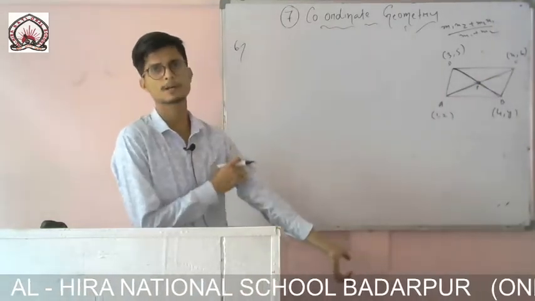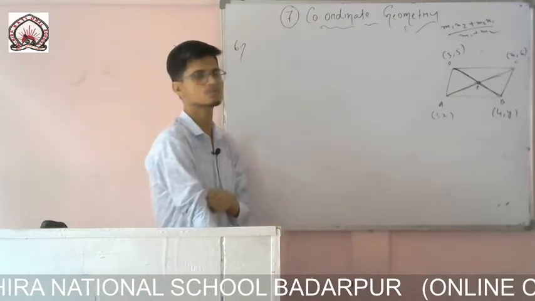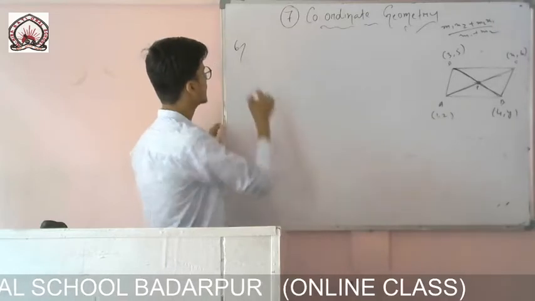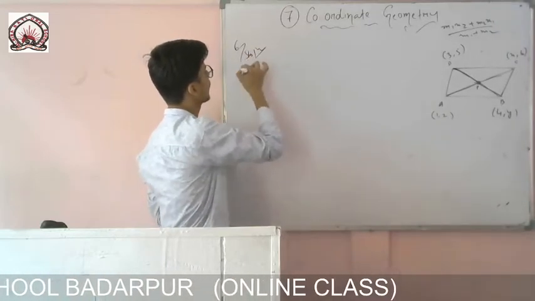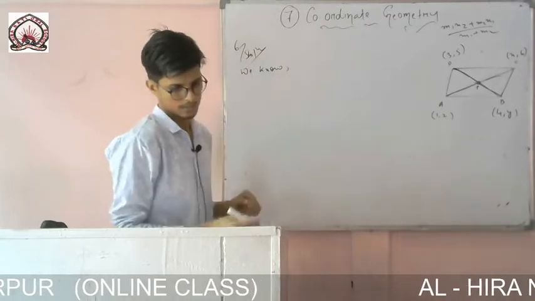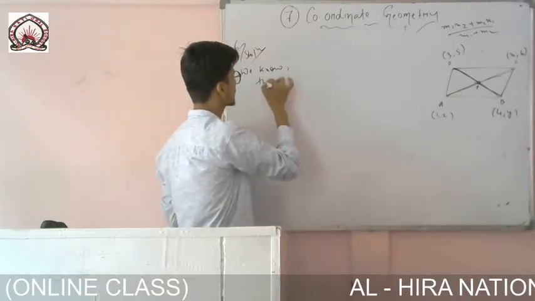So you can use the midpoint formula here, that is (x1 plus x2) divided by 2, (y1 plus y2) divided by 2. You write the solution like this.